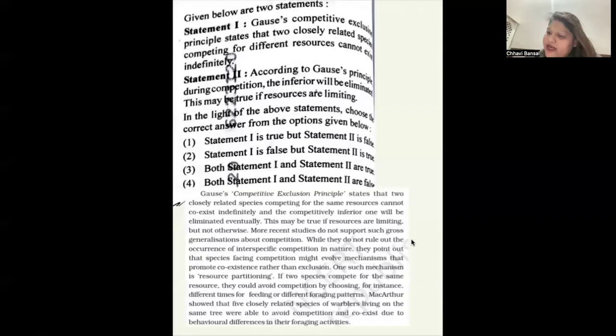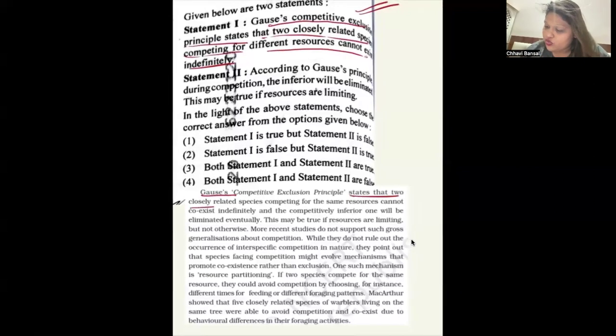Fine. Next, this is taken again from evolution. Gause's competitive exclusion principle states that two closely related species competing for the same resources cannot exist indefinitely. This is given in the statement of NCERT. Two closely related species cannot coexist indefinitely, and the comparatively inferior one will be eliminated eventually.